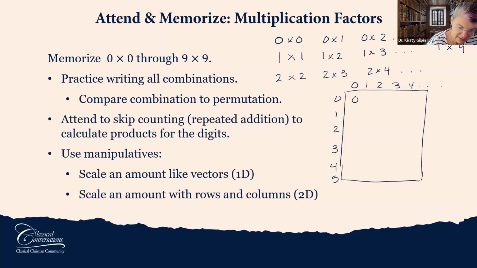All right, and so I have my 0 times 0, my 0 times 1, and so forth. And I would skip this one because I already have 1 times 0, 1 times 1. And then you'll see you'll build it up along that diagonal.